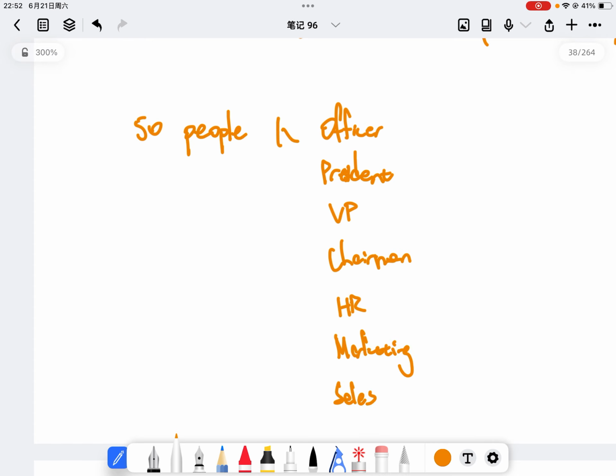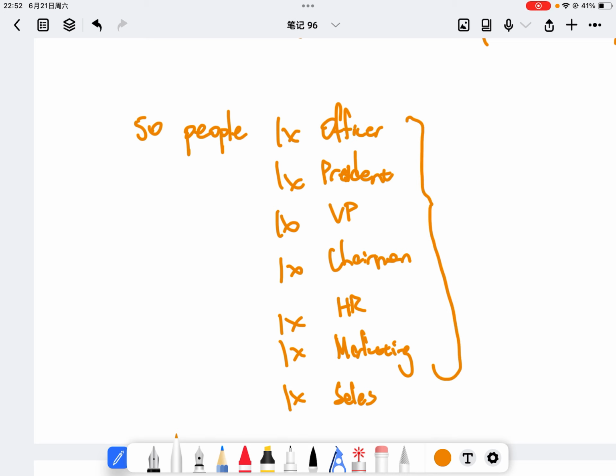So there's one of each of these roles. And obviously each one of them can only be filled with one person, and there's no overlap. So in total, I'll count it for you, there's 7. So 50 permutating 7.